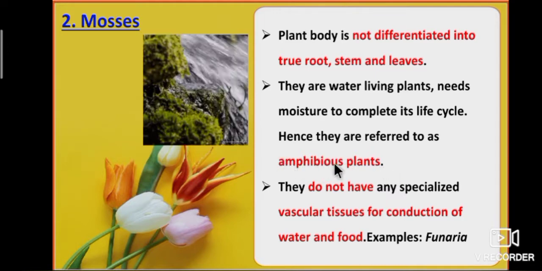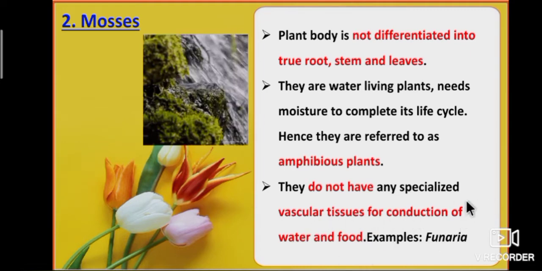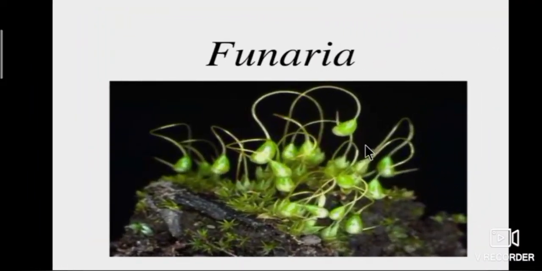They do not have any specialized vascular tissues for conduction of water and food. For example, Funaria. See, this Funaria plant is an example for mosses.